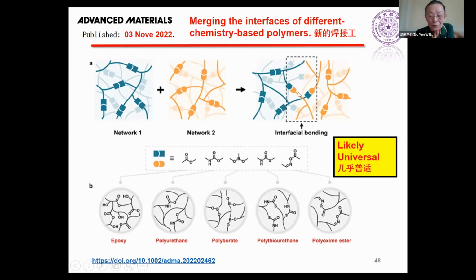Then they form a very, very tight interface. Two materials, through the tiny interface, become one material. This is applicable, almost universal. We did ester bond, this is urea bond, okay, boron, and other stuff. We can put them together.